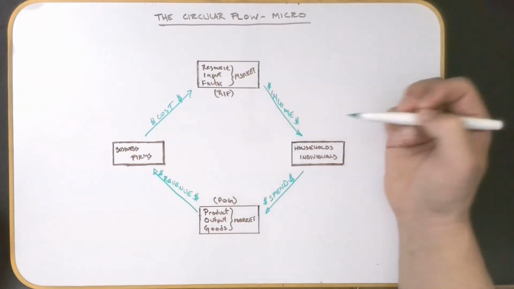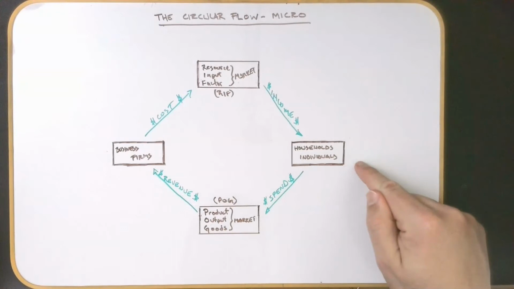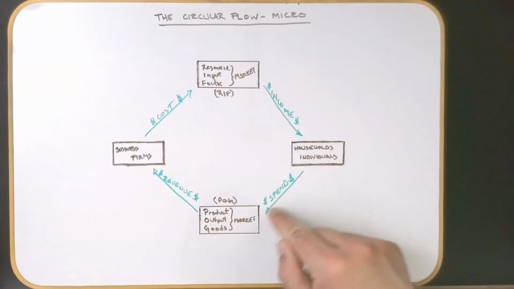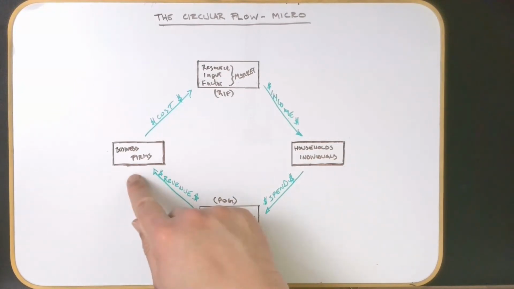And so think about it this way. Pretend that you work at a store that you actually go to as a customer as well. So let's pretend you work at Starbucks. So you leave your house and you spend your money at Starbucks, which is in the coffee market, and that money becomes revenue for Starbucks.